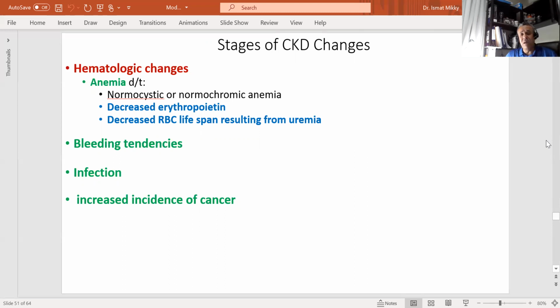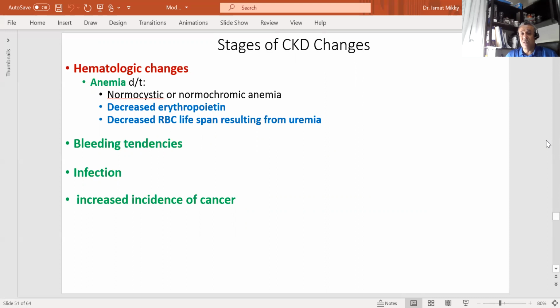These are some of the causes of the severe anemia, but the main cause, other than these three etiologies, is that the kidney is responsible for the production of the erythropoietin hormone, EPO. In patients with end-stage renal disease, the kidney has completely failed, so it cannot produce EPO. EPO stimulates the bone marrow to produce RBCs.